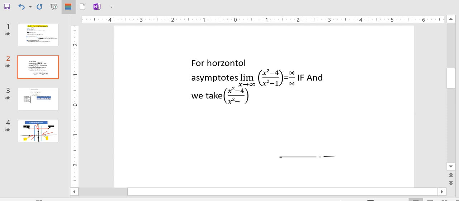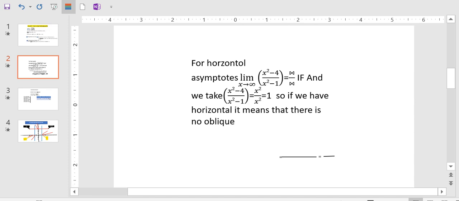We take the term which has the maximum power. As we have x square over x square, this gives infinity over infinity, which means it is an indeterminate form. We take x square over x square, which is equal to 1. So if we have a horizontal asymptote, it means that there is no oblique asymptote.